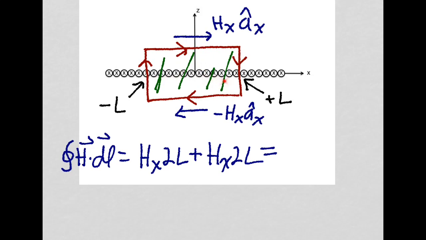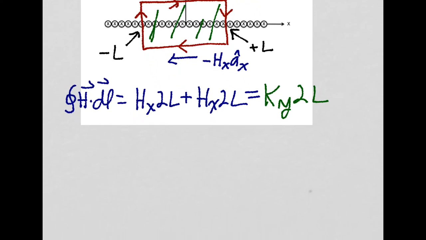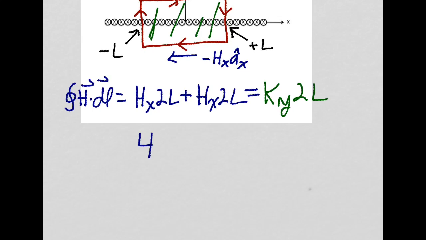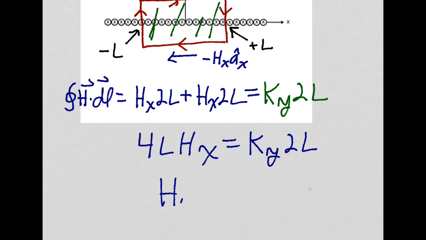The current going into the page is the current density K sub y times this total distance, which is 2L. So we have 4L H sub x equals K sub y times 2L, so H sub x is equal to K sub y over 2.